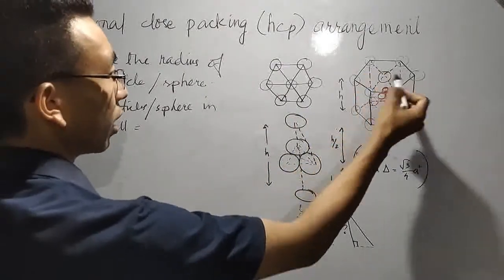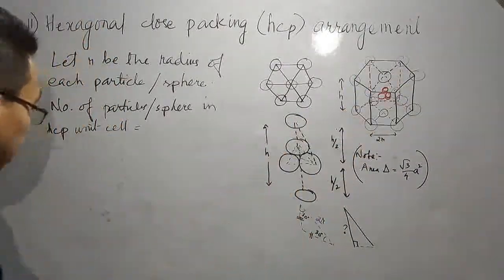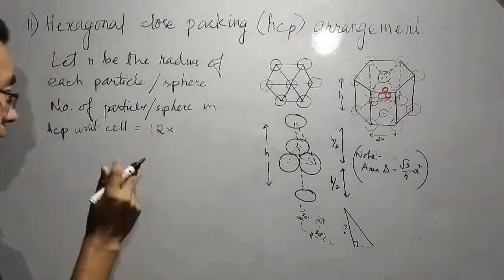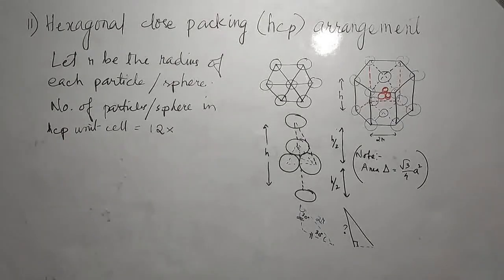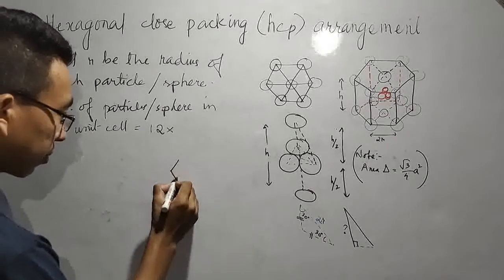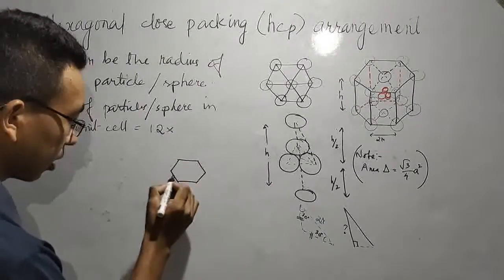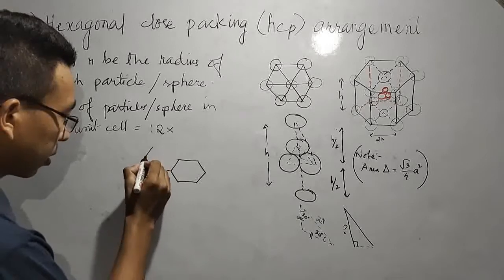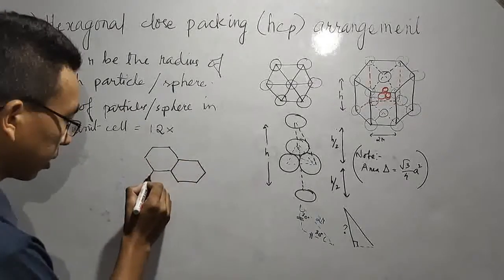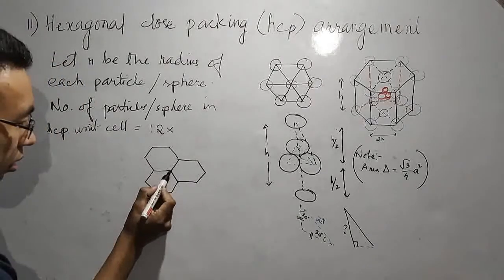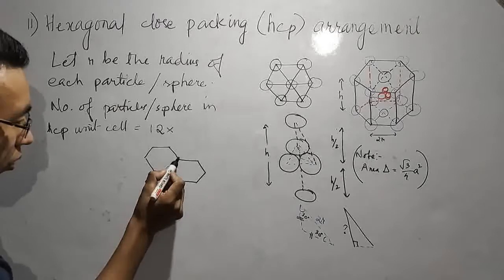See, there are 12 atoms present at the 12 corners of the hexagon. So 12 atoms or 12 particles, and each particle contributes how much of its share to one unit cell? I will just show it to you in two dimensions, like this. This is one of the layers. The atoms are present at each corner like this.